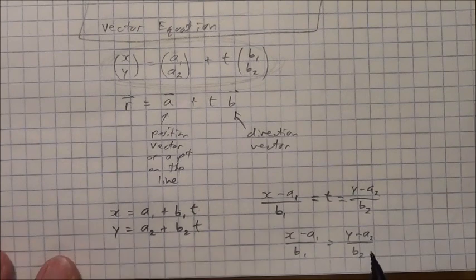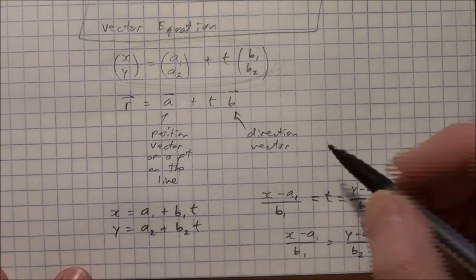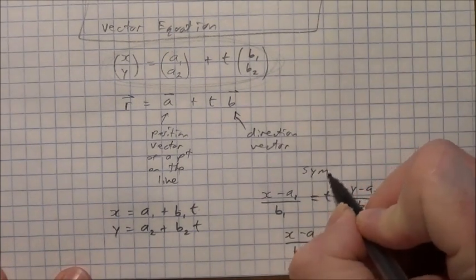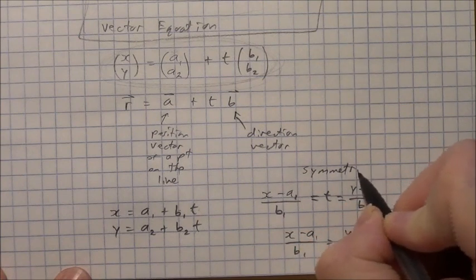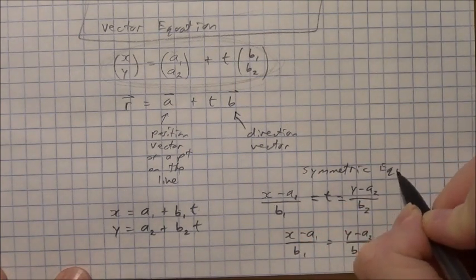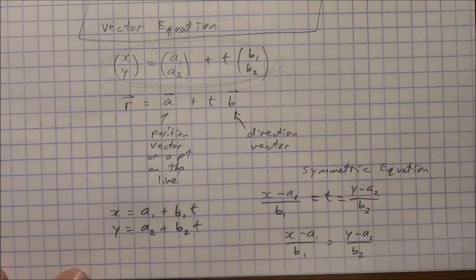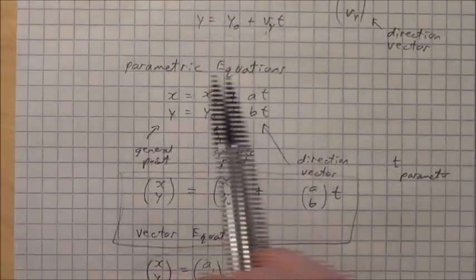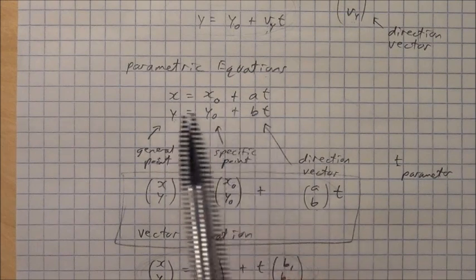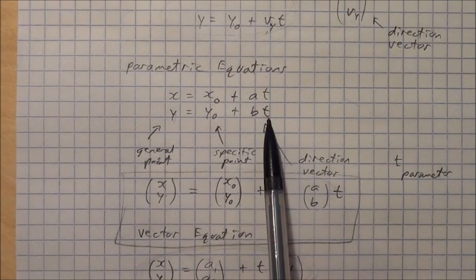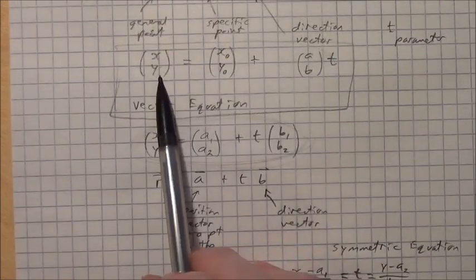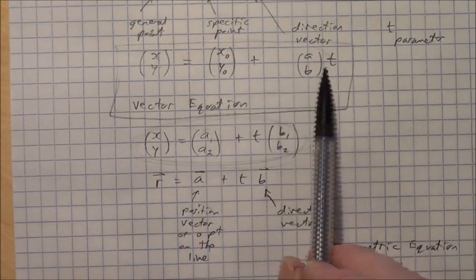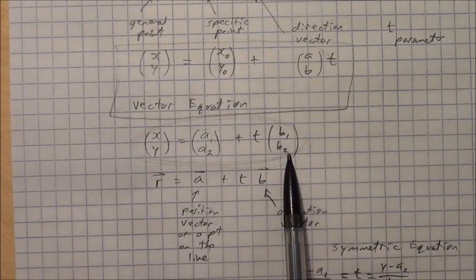This is what's called the symmetric equation of the line. So, quick recap. We have the parametric equations of the line. When we put them together, we get the vector equation of the line in this form, or also seen like this.